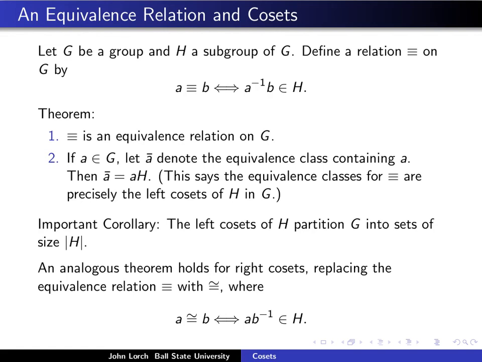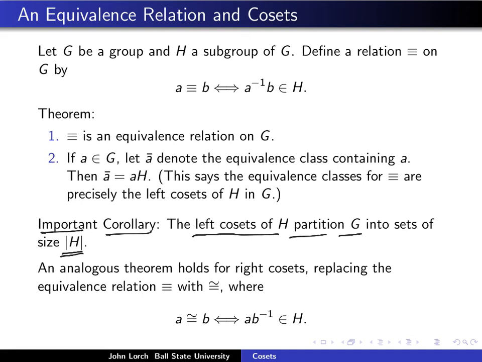Now, in this particular instance, we've just shown that the equivalence classes on G are in fact the left cosets. And so what that means here, importantly, is that the left cosets of H partition G. And even more than that, what you might have noticed from the examples, and what is not extremely difficult to prove, is that all of these cosets are exactly the same size. In fact, they're each the size of the subgroup H.